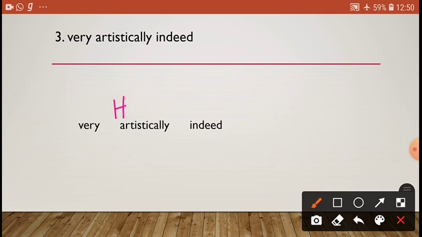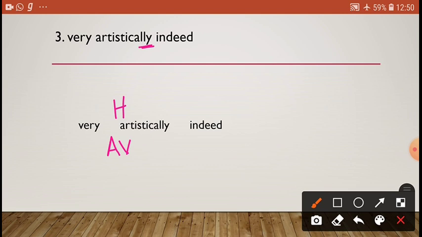What is the form of artistically? It is adverb. A very simple way to identify an adverb is that you can see ly is added here. So the form label for adverb is capital A and small v.